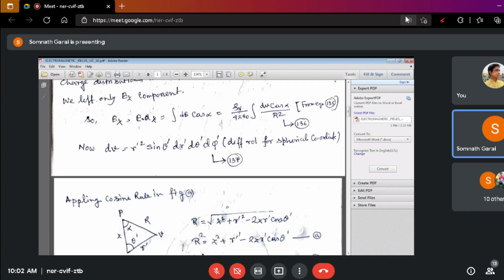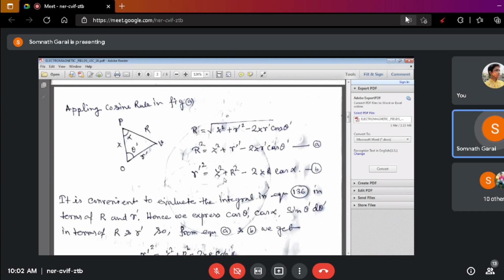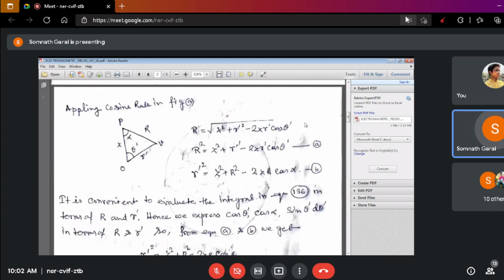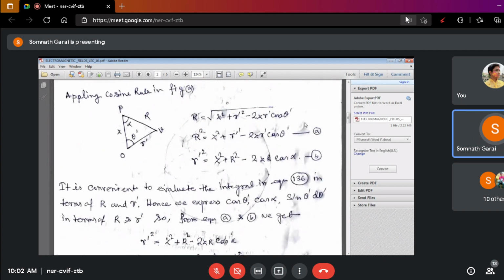Now, to evaluate integration 136 easily, we have to convert the expressions cos theta dot, cos phi, sin theta dot d theta into terms of capital R and r dot, because R is the vector distance.